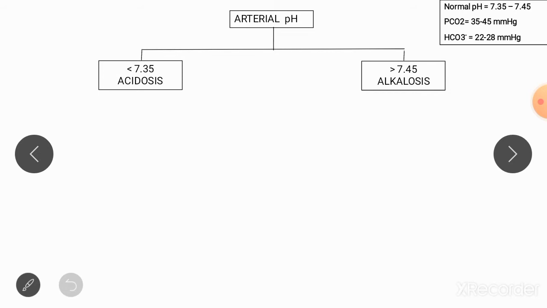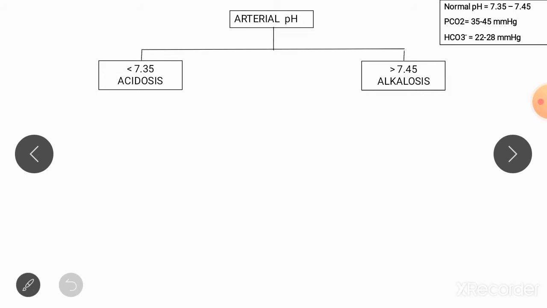But what kind of acidosis or alkalosis is that person suffering from? For that, you have to determine the values of the partial pressure of carbon dioxide and the values of bicarb ions. So let us first take the scenario of acidosis. Suppose in scenario 1, a person was having arterial pH of less than 7.35.